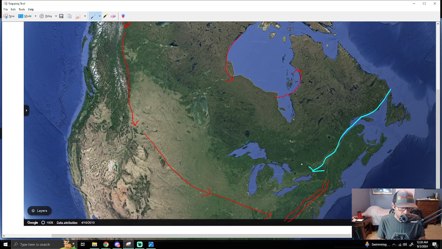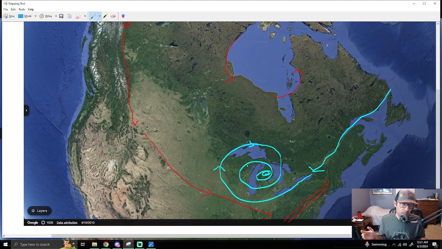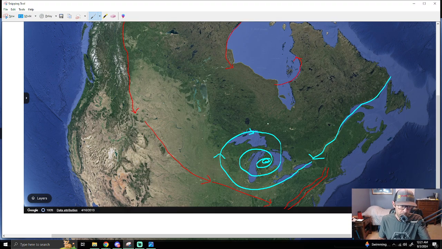And as it runs into this, it goes basically like, oh shit. But then it runs into this up here as it goes this way. Runs into this, oh shit. So it goes back. Then it runs into itself, oh shit. And forms an eddy. That then is the eddy at the Hudson Bay region.